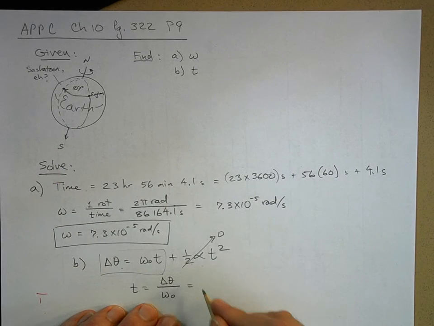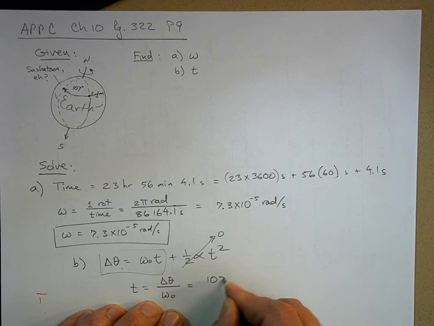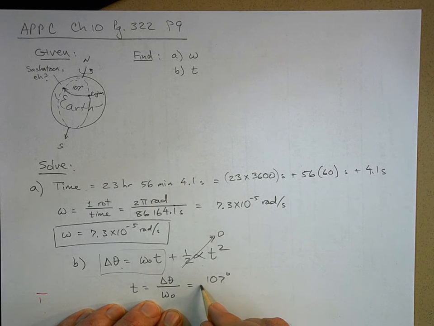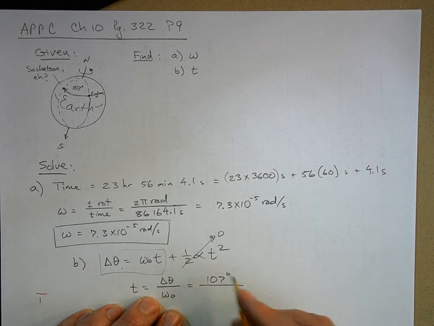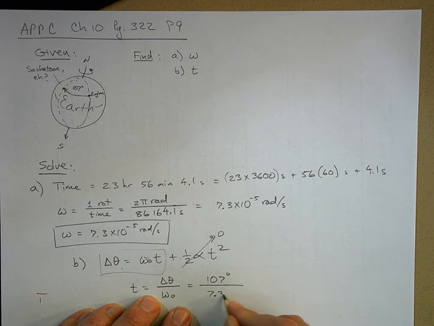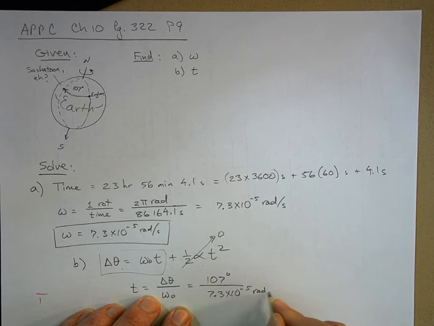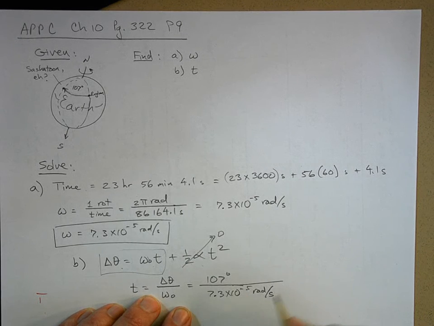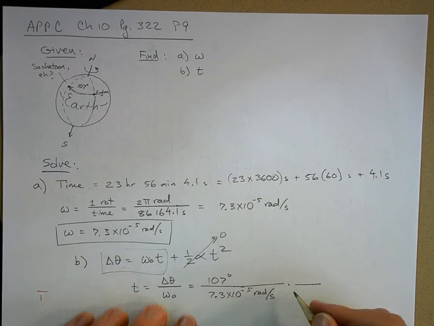Now, delta theta is 107 degrees, and omega is 7.3 times 10 to the negative 5 radians per second. Well, we got to get this.